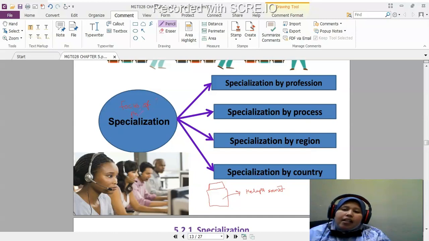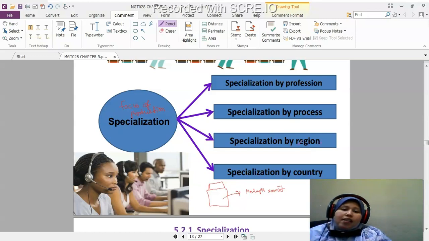Yang mereka rasakan berpotensi tinggi. They have a potential untuk ekonomi. So country, for example, Malaysia, oil palm is the biggest exporter, pengeluar terbesar kelapa sawit. What else? Specialization by region.